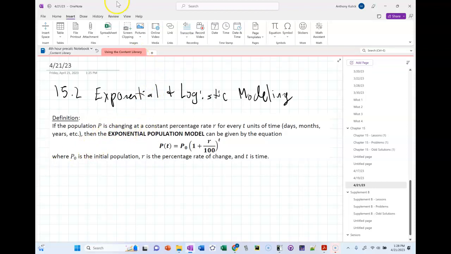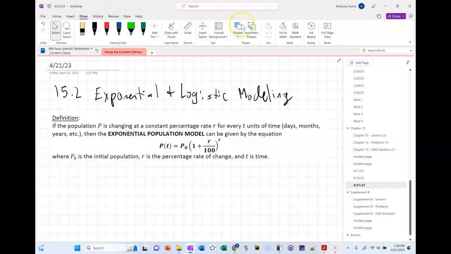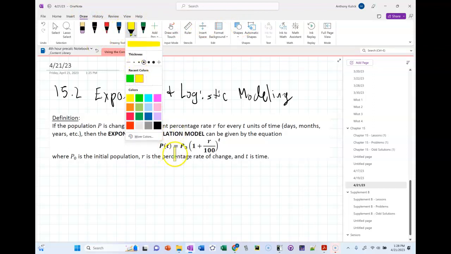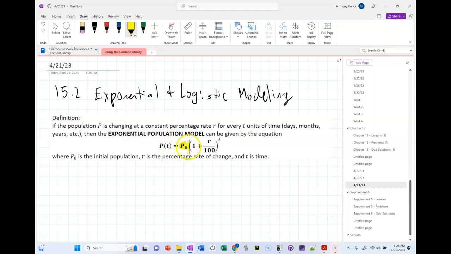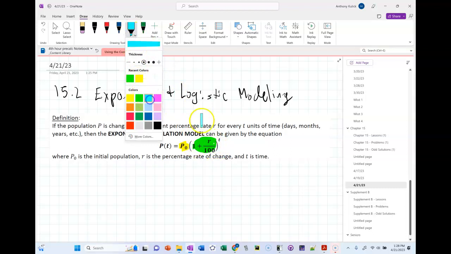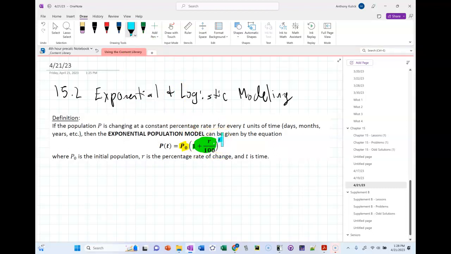So if you look at this population model, you should notice this is just like the A times B to the X model, where P naught is our A, and the 1 plus R over 100 is like our B, and then the T is like our X. So this is still just like an exponential model, just like we saw last time.